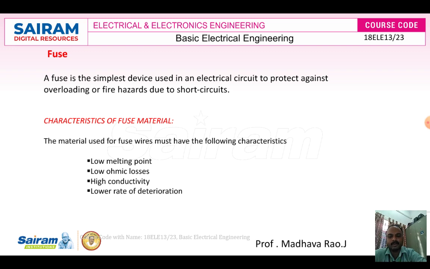Low ohmic losses: the resistance of the fuse should be very low, then only it will allow a large amount of current through the fuse element. High conductivity: with low resistivity and low resistance, it will conduct more current. And low rate of deterioration: it should not be affected by environmental conditions. So this is about the characteristics of the fuse material.